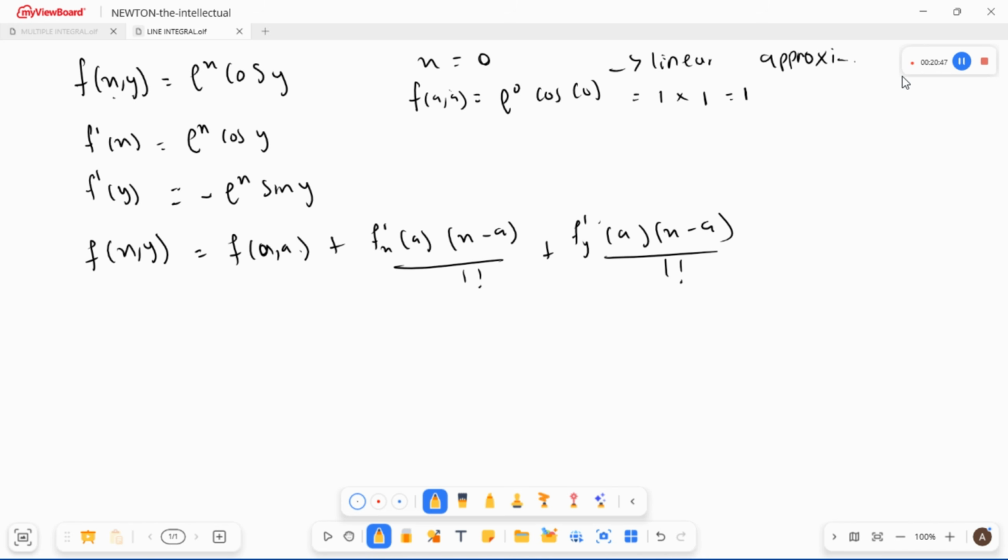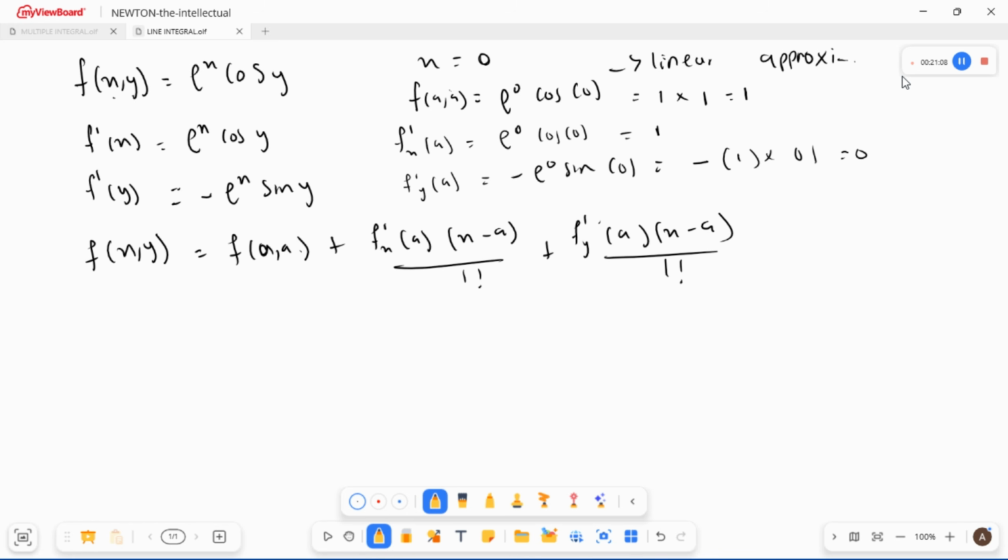Now f prime x of a is e to the power of 0 cos 0, which is also 1. Then f prime y of a is minus e to the power of 0 sine 0, which is minus 1 times sine 0, which is 0.